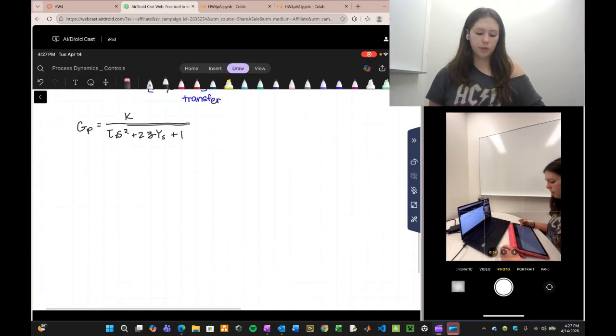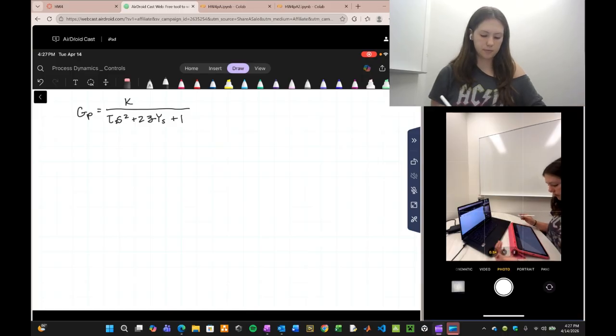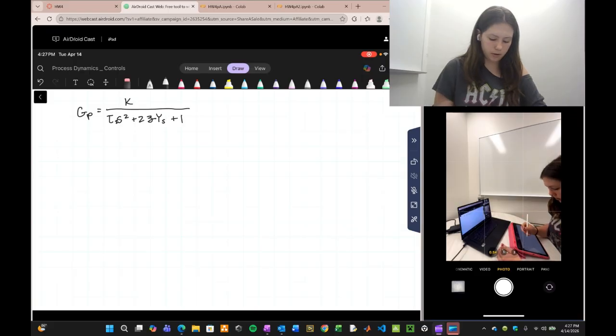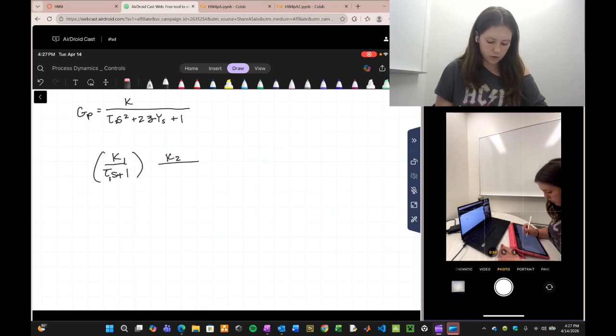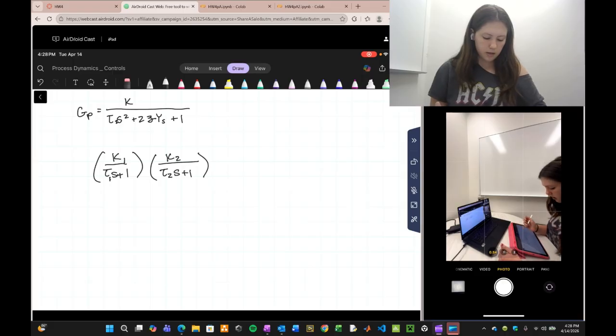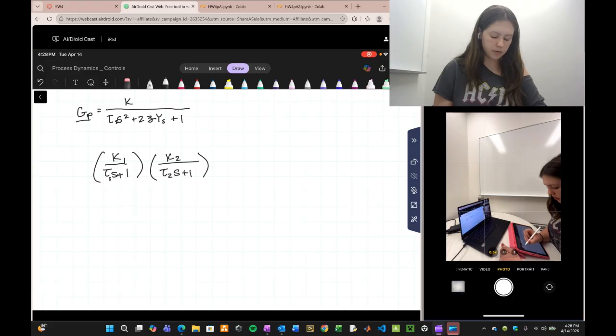So now we are going to look at two first order systems in series, and we know that this general format is K over tau s plus 1. So if we had two, we can say tau 1 and K1, and then we'll have K2 over tau 2 s plus 1. And we have our GP up here.